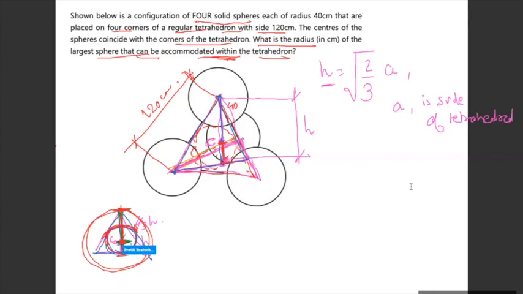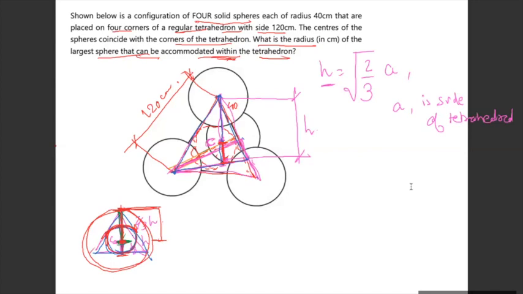Now, if you were asked for the largest sphere that can be accommodated outside the tetrahedron, touching all the vertices, we would take the radius to be 2/3 of the height. Because when I take the centroid as the center and 2/3 of the height as my radius, that sphere will be circumscribed outside the tetrahedron.